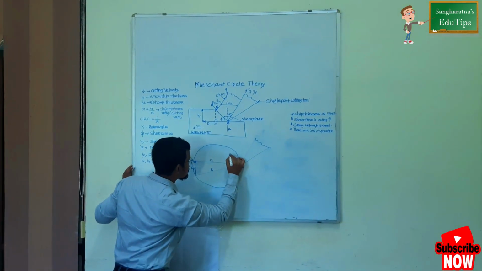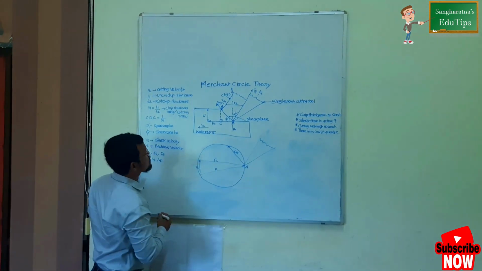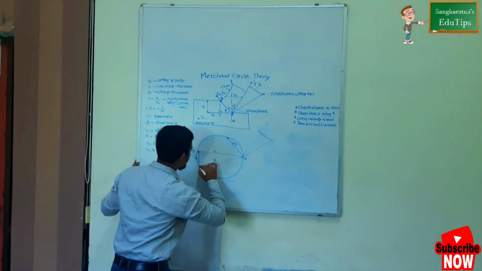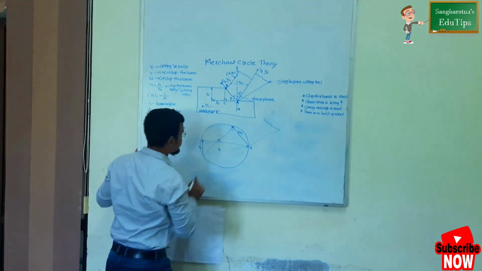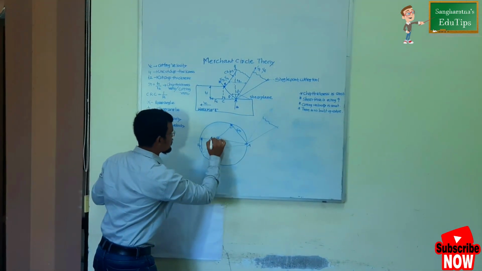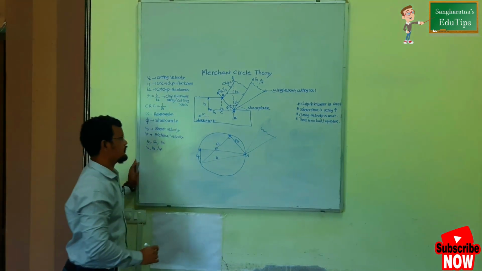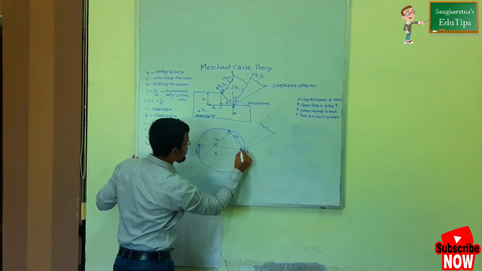So this is Fs, that is the shear force. There will be the normal to the shear force, which I can draw from here. This makes a 90 degree angle with Fs, so this is basically the normal to the shear force. The angle between Fs and Fc will be phi, right?